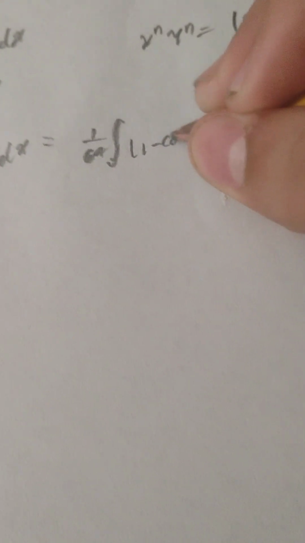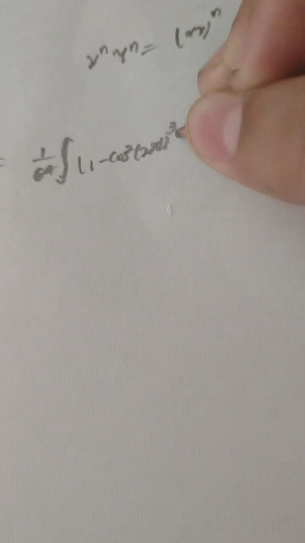This is equal to 1/64 times the integral of 1 minus cos squared 2x to the power of 3, because I multiplied this and this and got this, to the power of 3. 1/64 times the integral of 1 minus cosine squared of 2x, which is sine squared 2x, cubed. 1/64 times the integral of sine to the 6th of 2x dx.